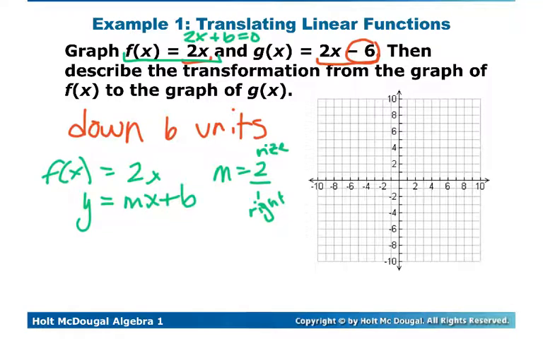And then your intercept is going to be at a b of 0. So if we graph, we're starting at 0, and then we rise 2 and run 1. Rise 2, run 1, etc.